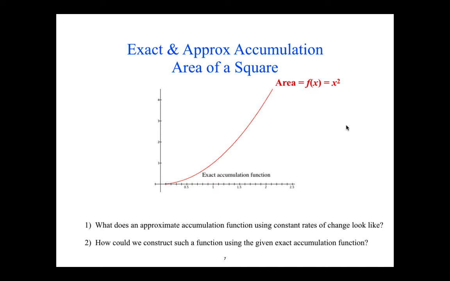Kind of similar. How could we make an approximate accumulation function? Because if I want to get to an approximate rate function and then an exact rate function, I want to start from this and then work backward. So what did the approximate accumulation functions look like?